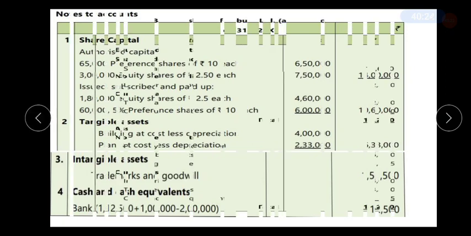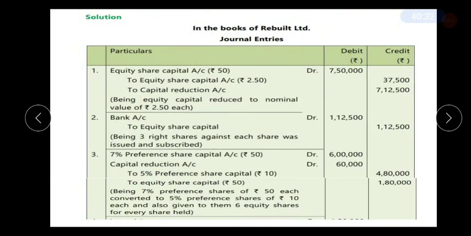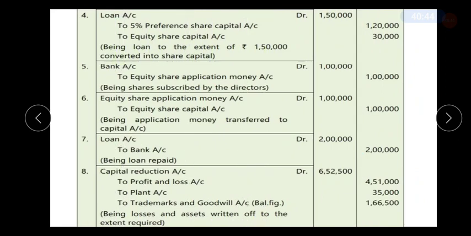Again, you go to journal entries, and wherever there is preference share credit, you total it. Here you have 5% preference share, 4,80,000. Take it, 4,80,000 plus, where else? Here you have 5% preference shares, 1,20,000. So that's all, right?